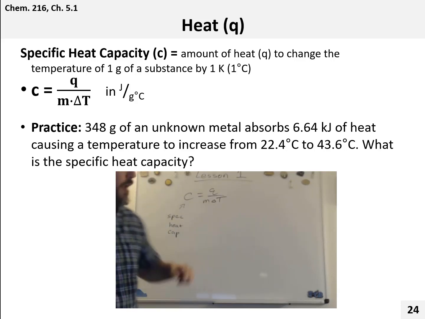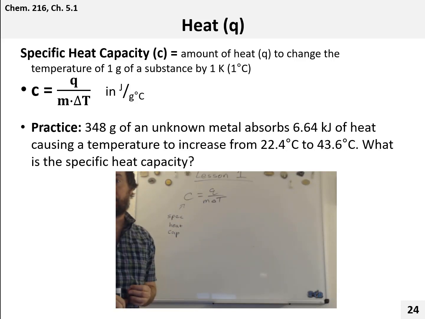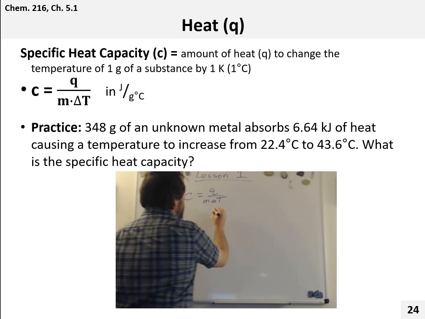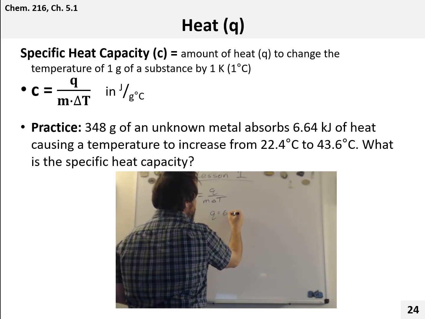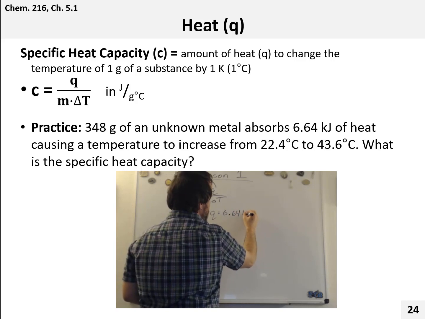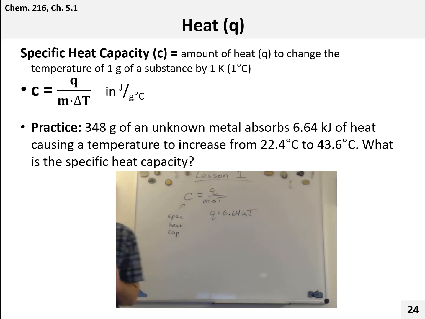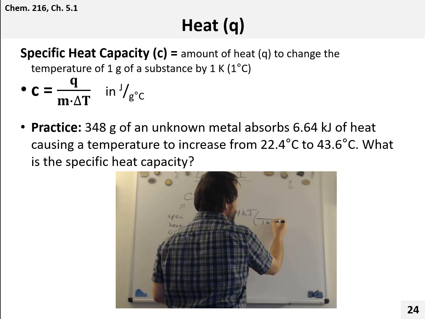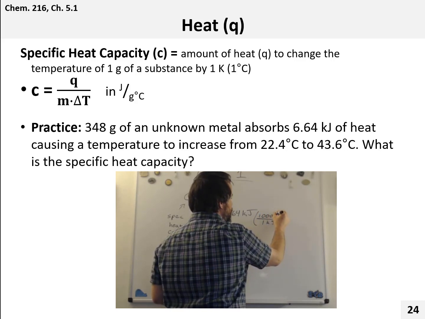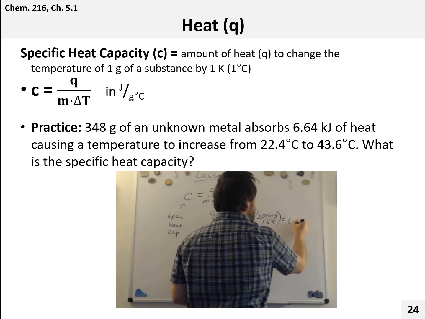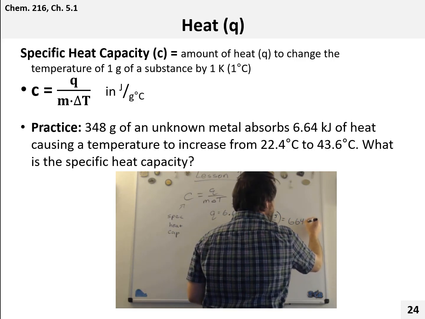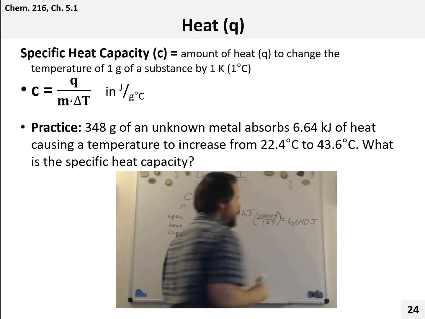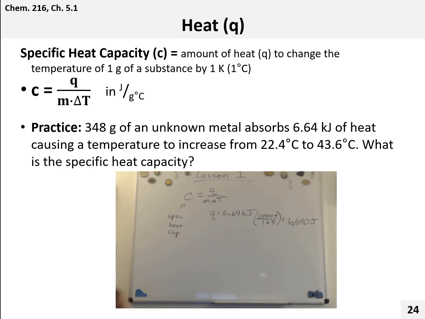All right, and so what's my Q? Well, I'm told 6.64 kilojoules. We know that for every 1 kilojoule, we have 1,000 joules. So that's going to get us 6,640 joules. What's my mass?